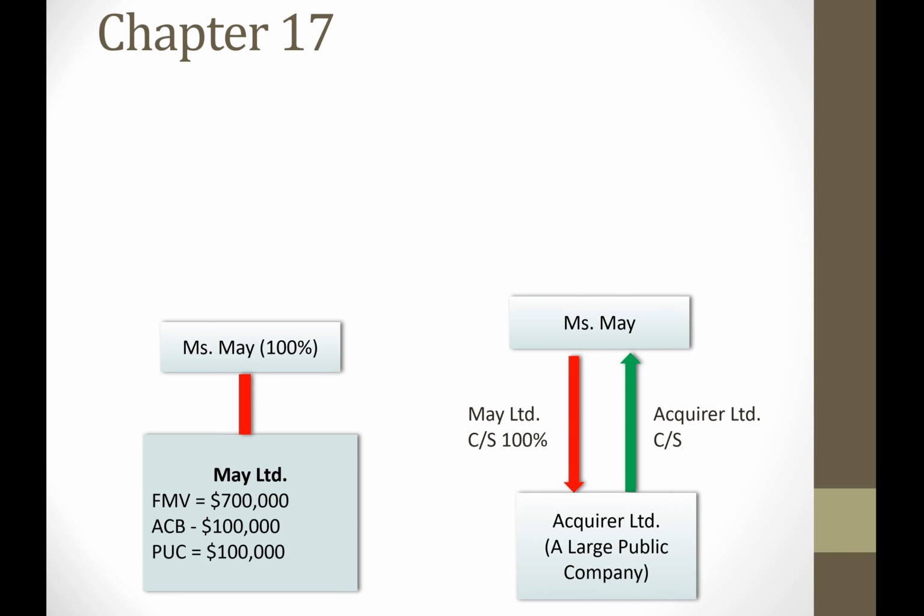I've just recreated the diagrams from the previous slide, so we have those here. Let's talk about what happens to Ms. May. Well, there's no capital gain. The proceeds of disposition on the sale of her May Limited common shares to Acquirer Limited will equal the old ACB of the shares that she gave up.